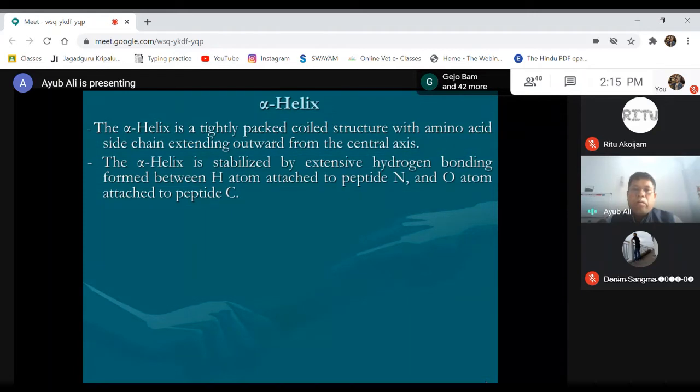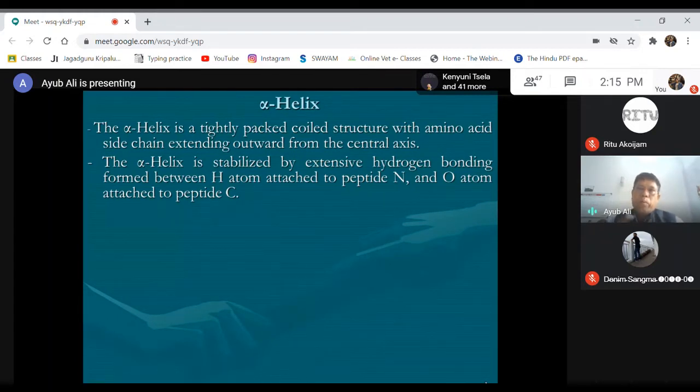What are the groups involved in the hydrogen bonding? The hydrogen bonding is between the hydrogen and the oxygen. Which hydrogen? The hydrogen attached to the peptide nitrogen.